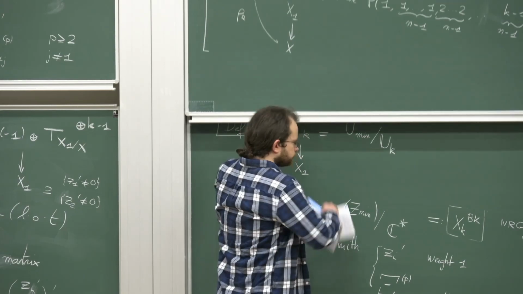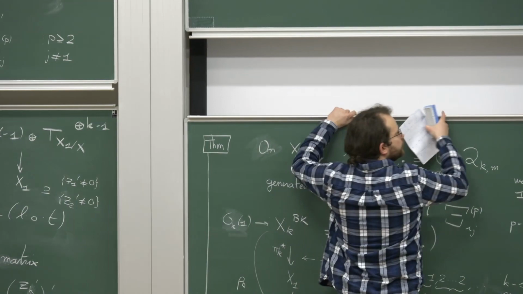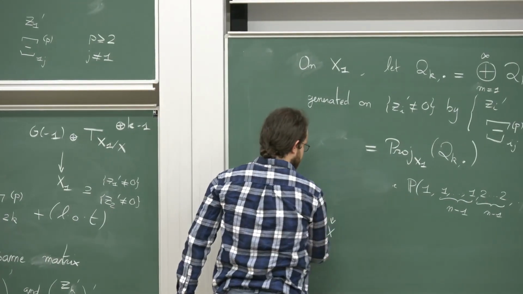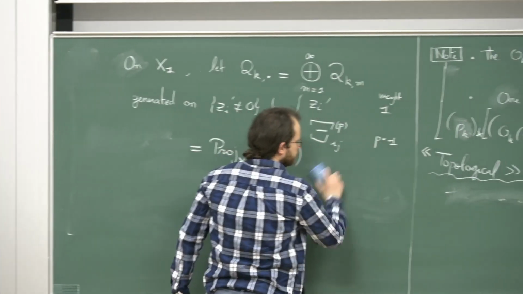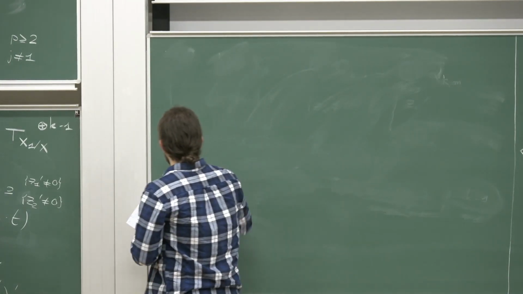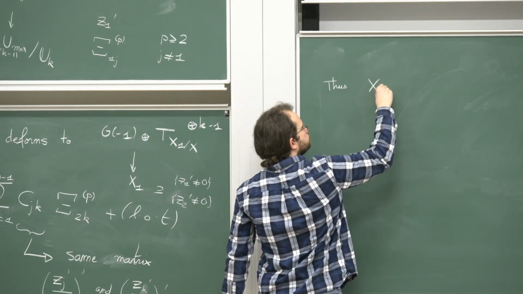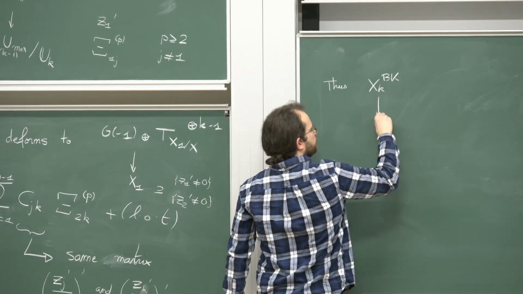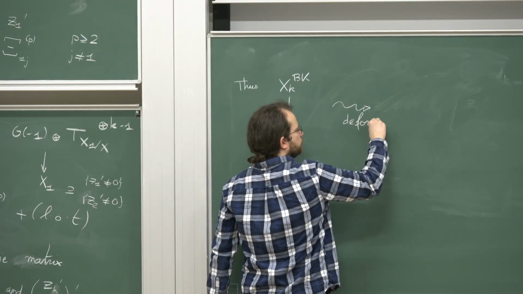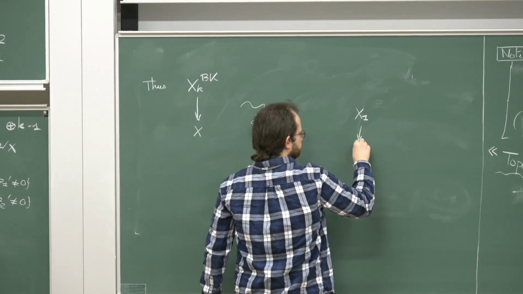Okay, so again, I'm in the process of writing this down, but I wanted to say the following. Eventually, you end up being able to deform in two steps, if you want, this space to something which lies above x1 again.